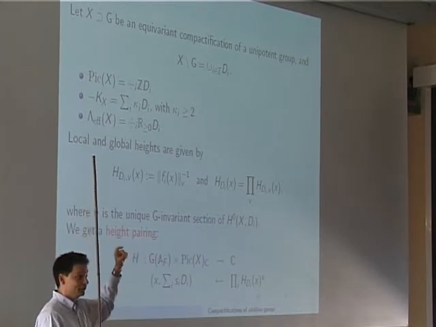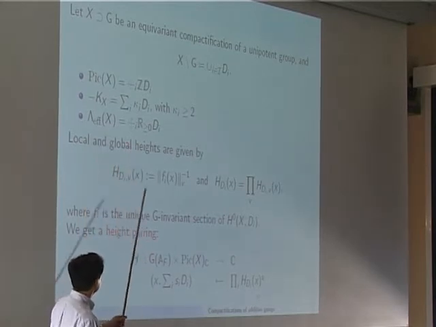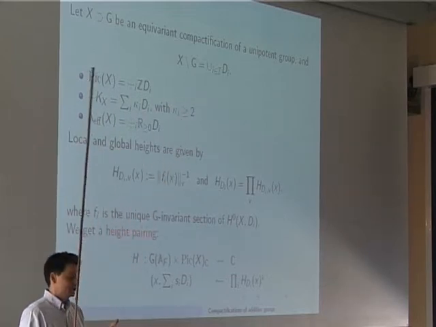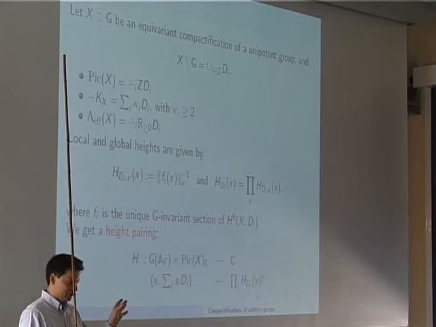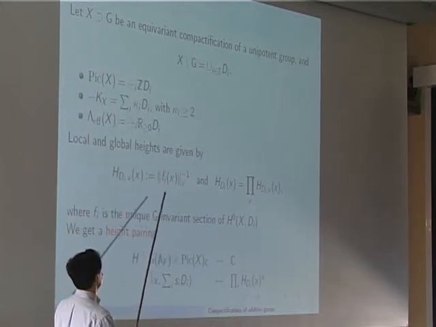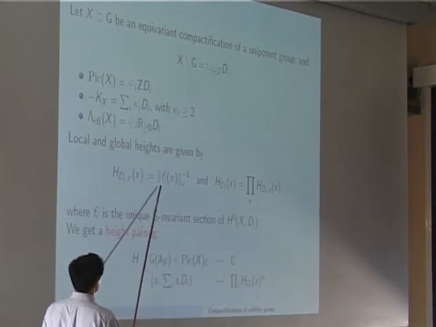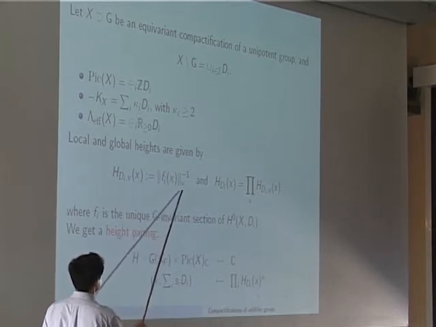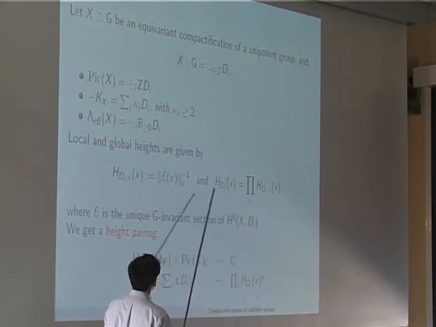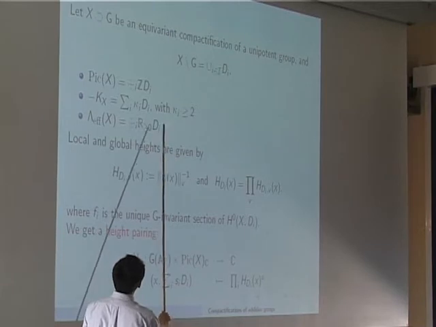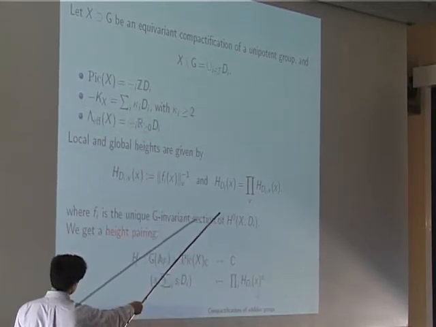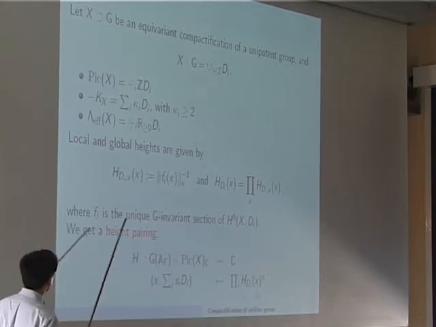So there is one section that's invariant with respect to the action, and then a metrized line bundle means that, well, at each point, if you have a section non-vanishing, you have the notion of a norm of a section at this point. Okay, and the height is the norm of this distinguished section, and the height globally is then the product of its local heights. So this is well defined for x in G(F_v), and x in G of the adeles correspondingly.